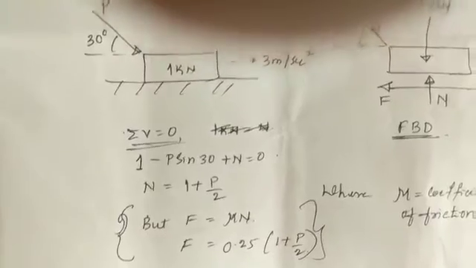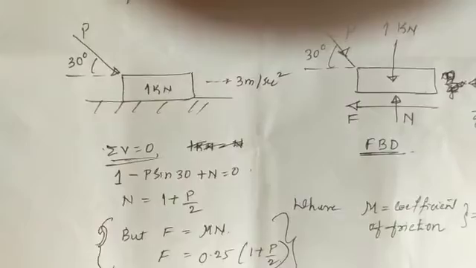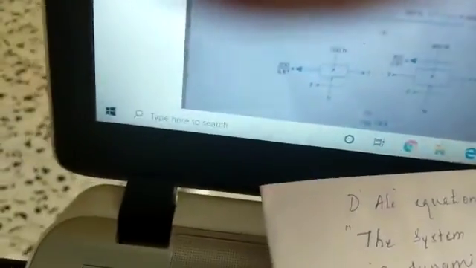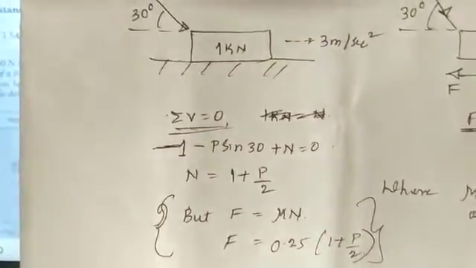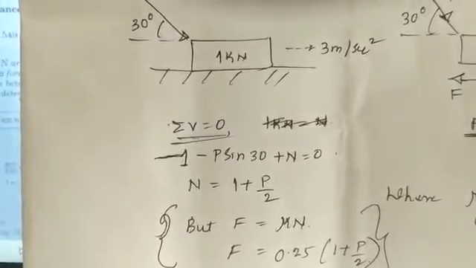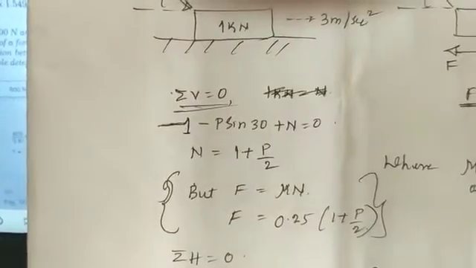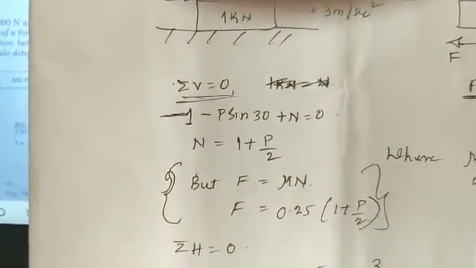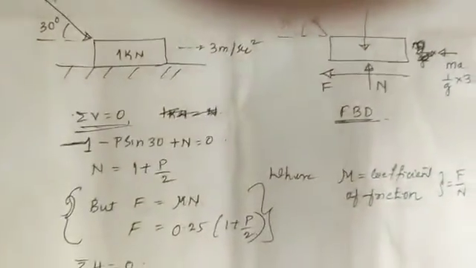So minus 1 minus P sin 30 plus N is equal to 0. After solving this, N is equal to 1 plus P upon 2, since sin 30 is equal to half. That is the normal reaction acting on the body.